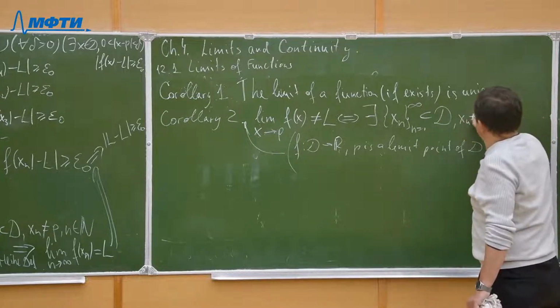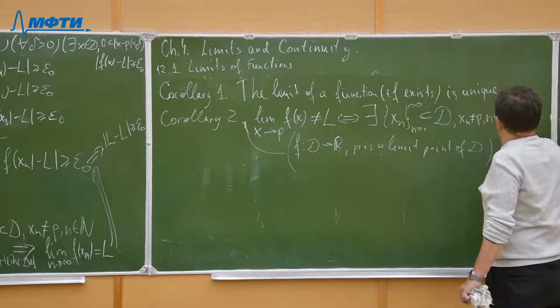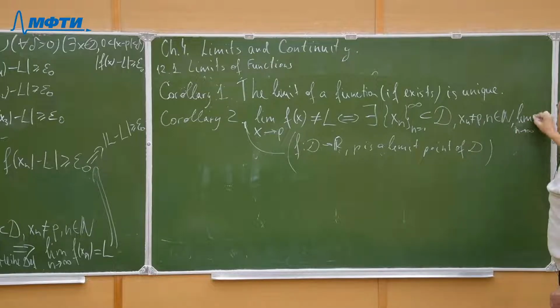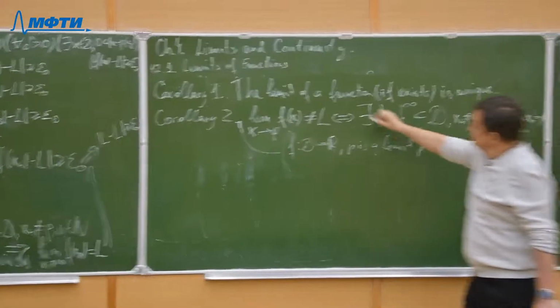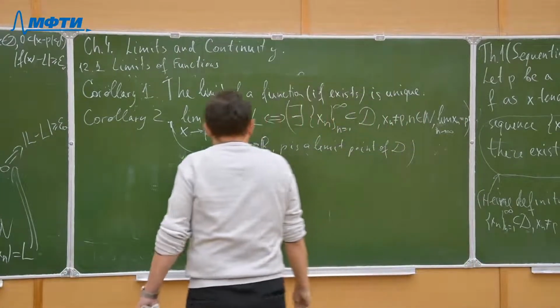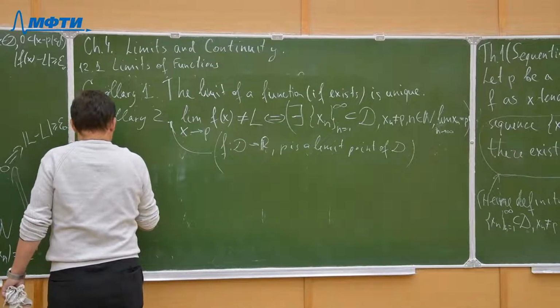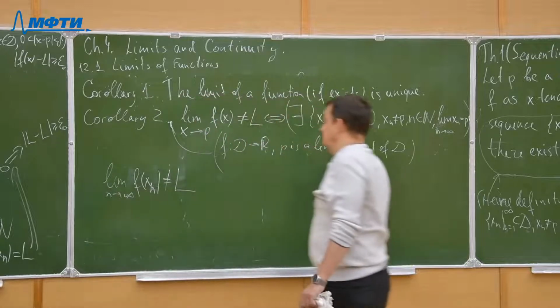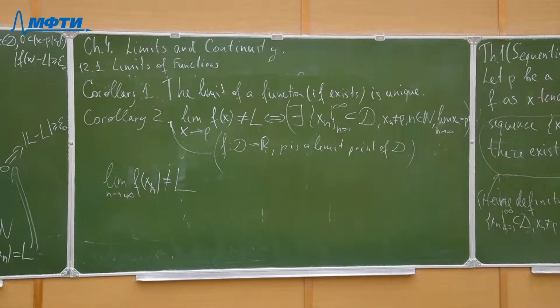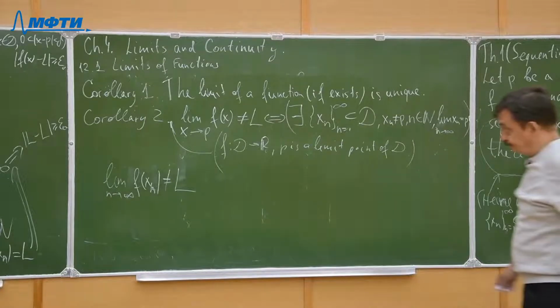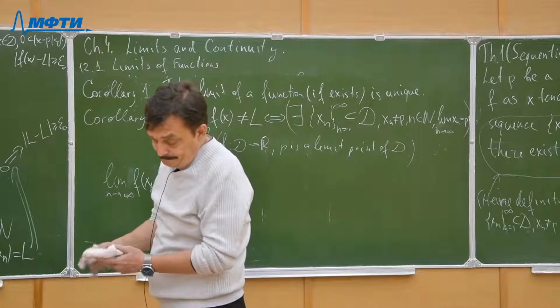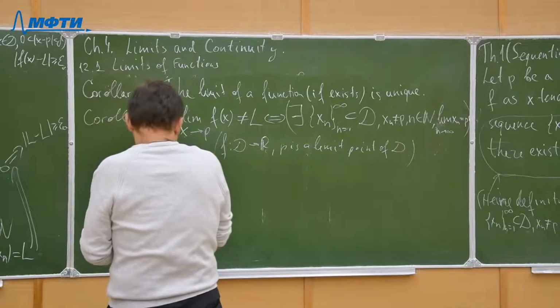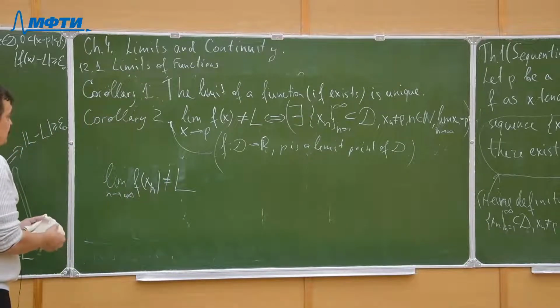And xn is not equal to p, and the limit of xn equals p, but the limit of the sequence f of xn is not equal to L. So it means either it doesn't exist or it exists but is different from L. That is the negation of the Heine definition.